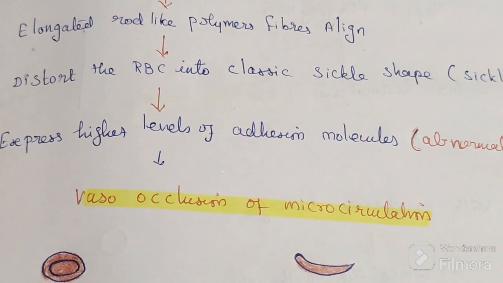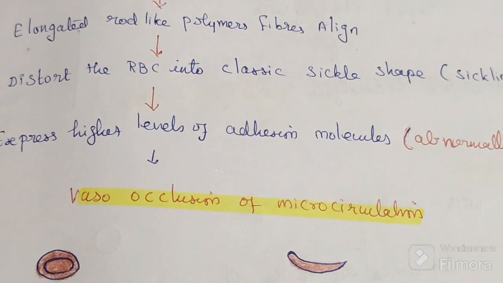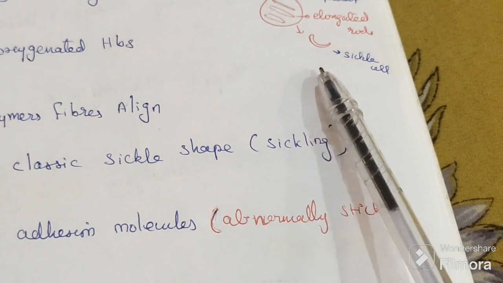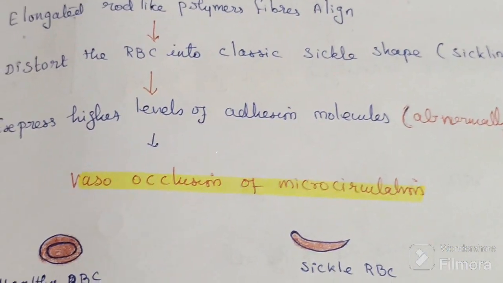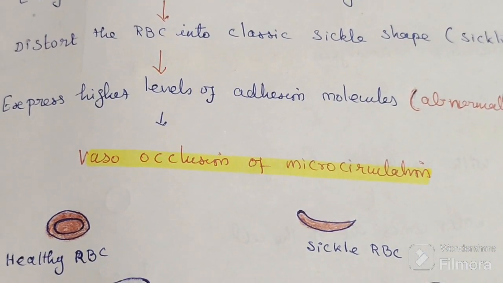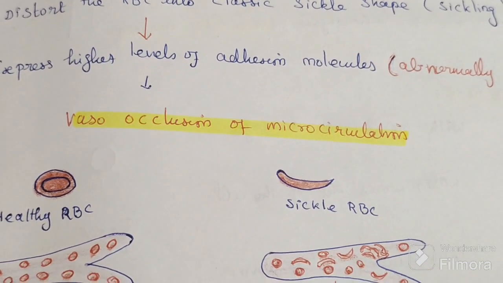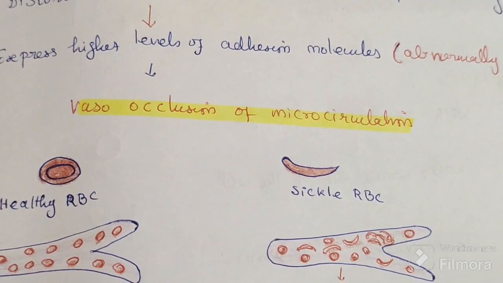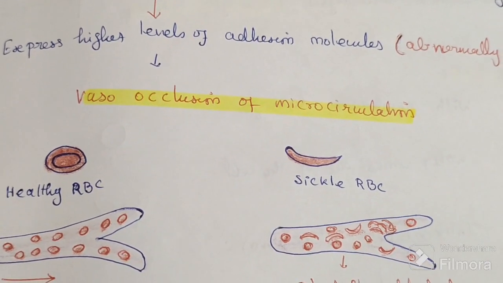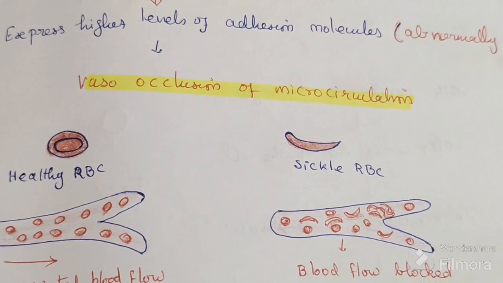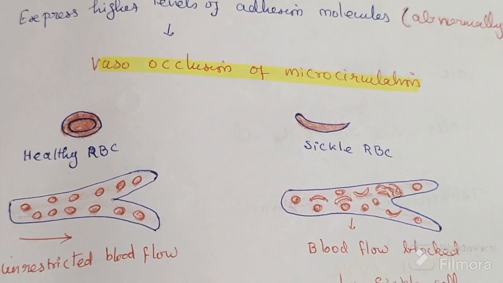Now the problem is that sickle cell RBCs are very sticky. They are abnormally sticky. They have a high level of adhesion molecules on their surface. So they stick with each other and form clumps.